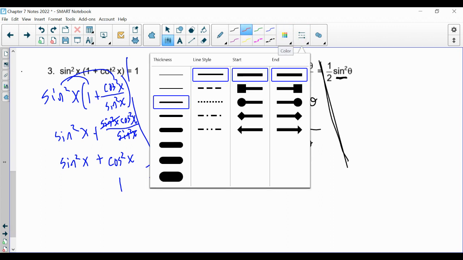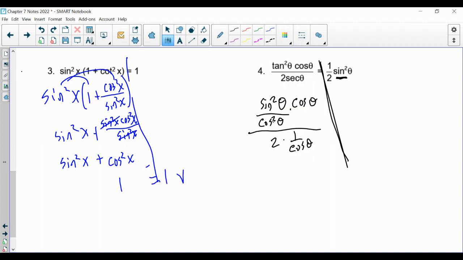So now we start canceling some stuff out. So cosine squared times cosine means one of those cosines goes away in the denominator, and this cosine goes away. So you have sine squared theta over cosine theta over 2 over cosine theta.